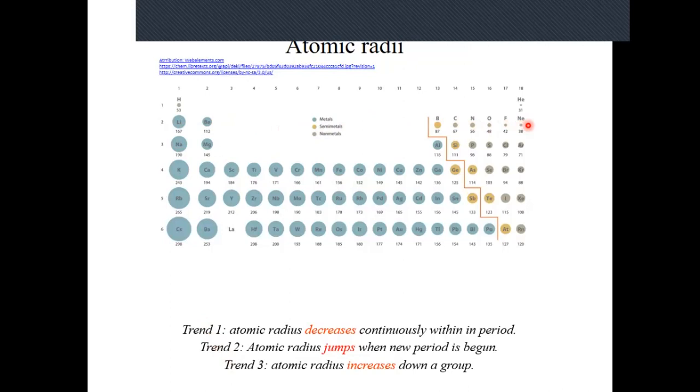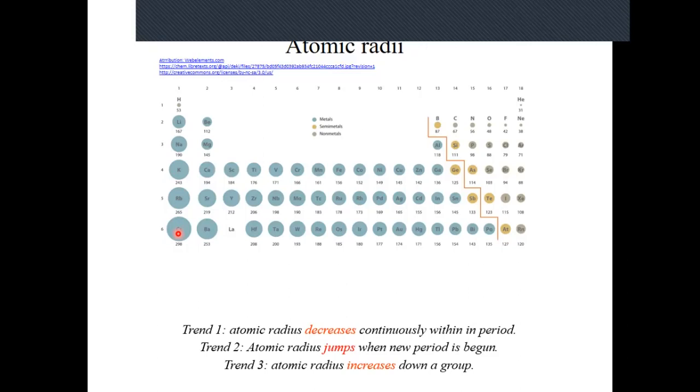But we always get this big jump as we start a new period. Okay? Overall, as we go down a group, our radius increases.